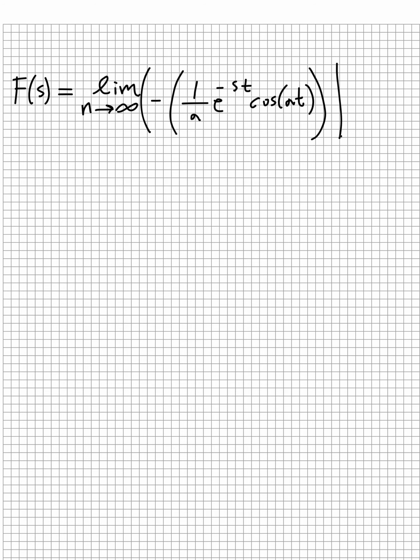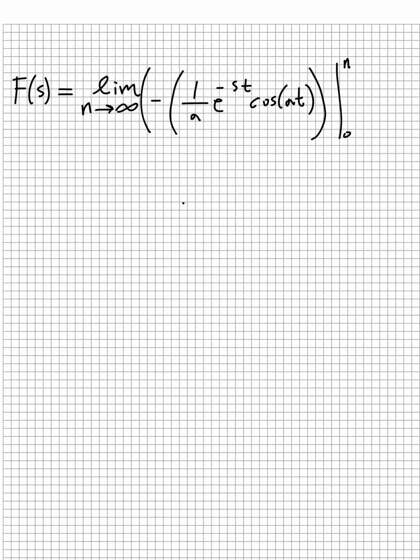What we obtain is F of s is going to equal the limit as n goes to infinity, and this will be minus 1 over a, e to the minus s times t, times the cosine of at, close parentheses, and this goes from 0 to n, all right?